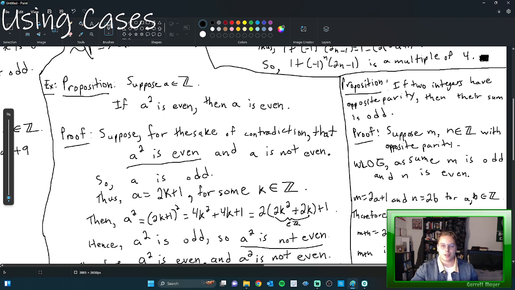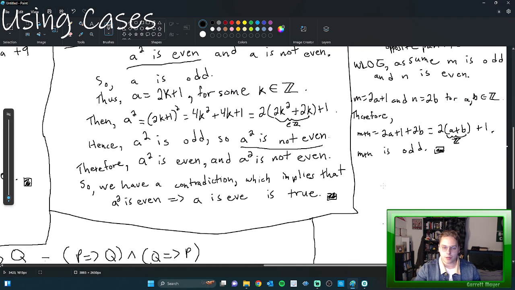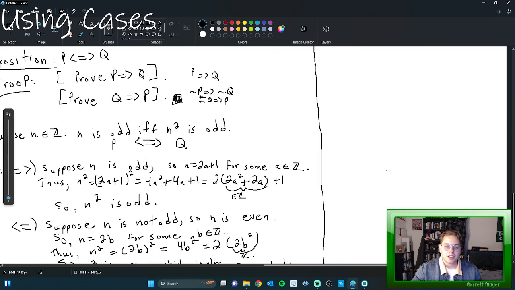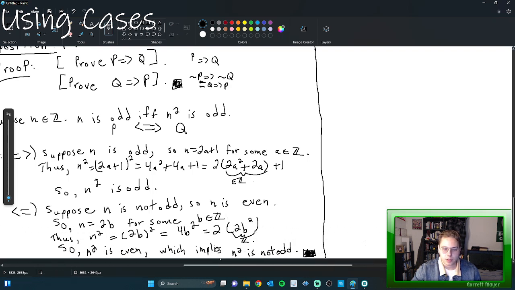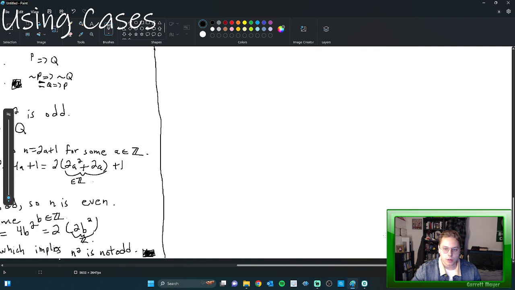Okay, so with that, we could potentially move on to proof by induction, and let's actually make this significantly bigger because I am definitely running out of room.